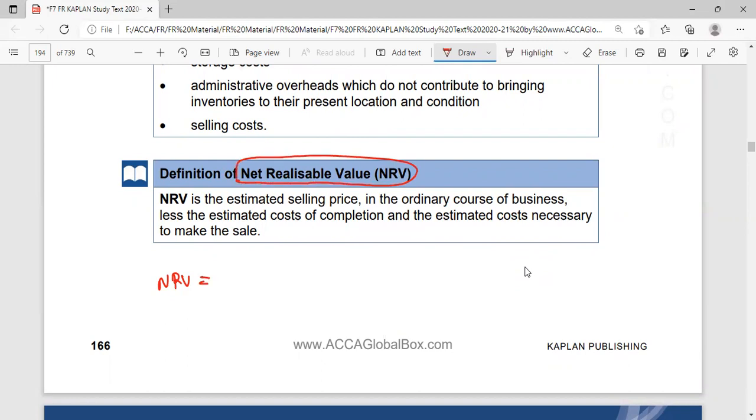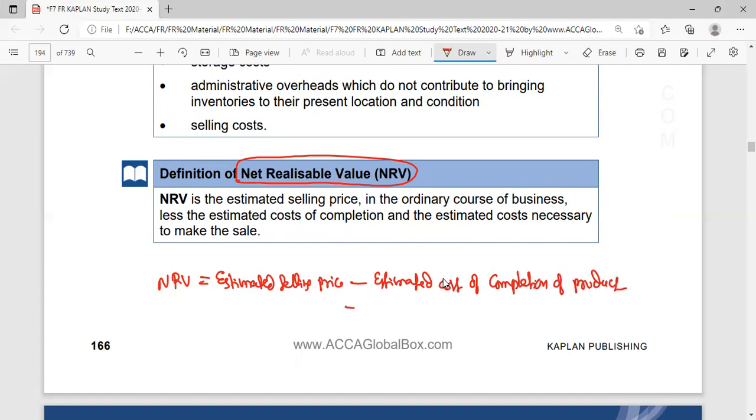So NRV is nothing but the estimated selling price of the respective product, minus the estimated cost of completion of the product, minus the estimated cost to make the sale of the product.